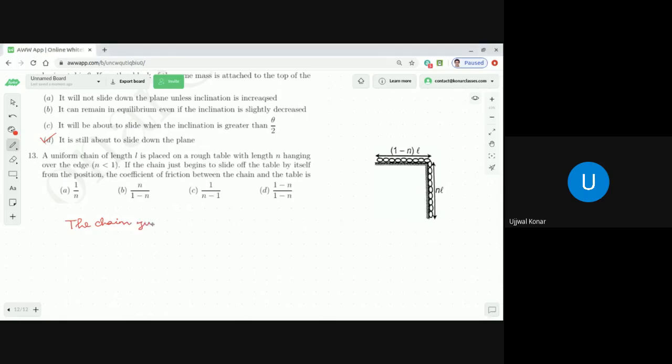Therefore, what we are going to get is that weight of hanging chain is equal to the frictional force between the chain and the table.